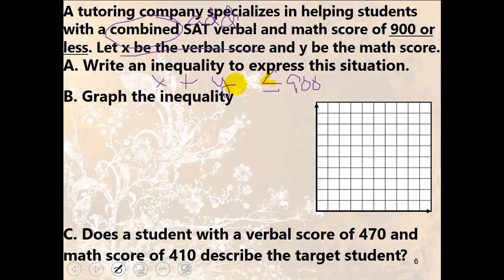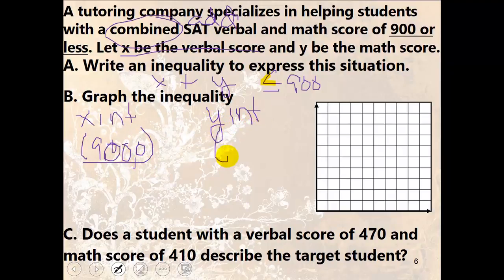So we have to graph this inequality. I'm going to use the x and y intercepts. So I get the point 900, 0, and my y-intercept is the point 0, 900. I'm going to make each one of my squares 100.